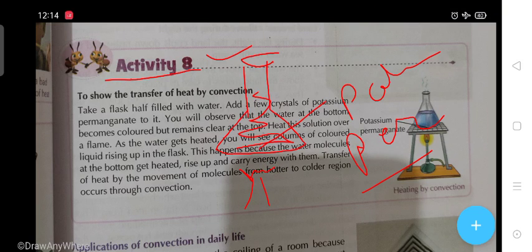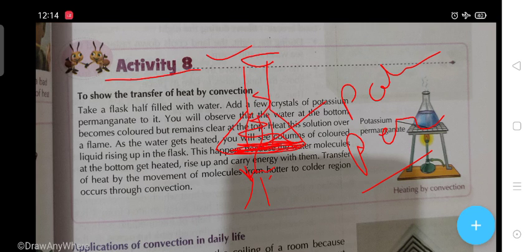If you heat that flask, the bottom contains potassium permanganate, that's why it shows the color, and the upper part of the flask also contains water, but clear water. If you start heating, then what will happen? The molecules of water which come in contact with potassium permanganate and are colored will become light and rise upward.